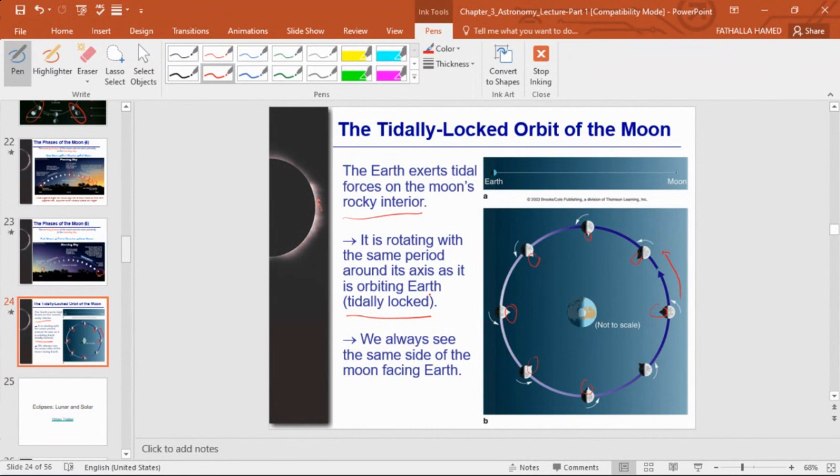It happens because of what? Because the rotation of the moon around its axis equals the revolution or the orbit around the Earth, and that's why we see this. Is this clear? Any question on this?